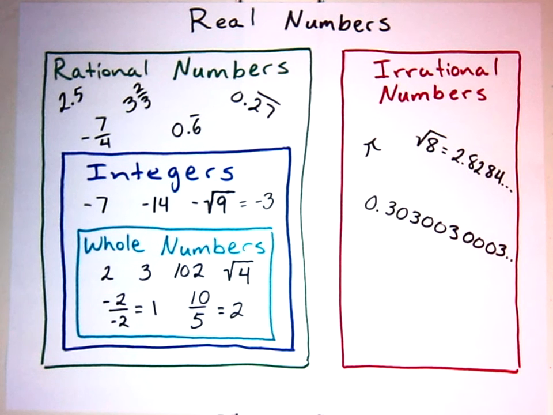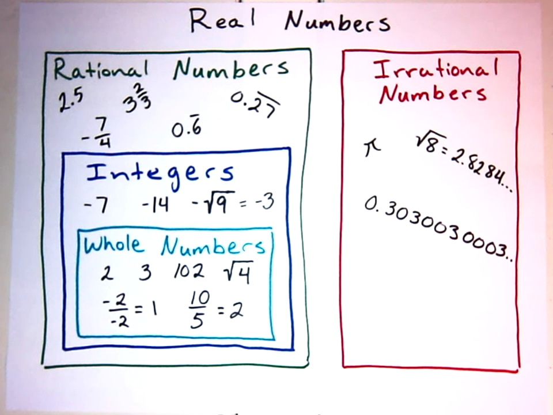And rational numbers, what that adds in is the decimals or the fractions. Right? So like 2.5, okay? That's not an integer, it's not a whole number, but it is a rational number, okay? Negative 7 over 4, 3 2/3, okay? Those are all rational numbers, okay? A good rule for rational numbers is if it can be written as a fraction, then it is a rational number, okay?